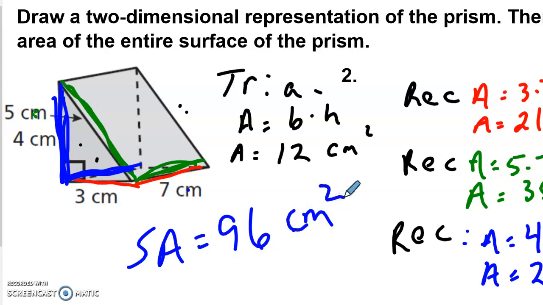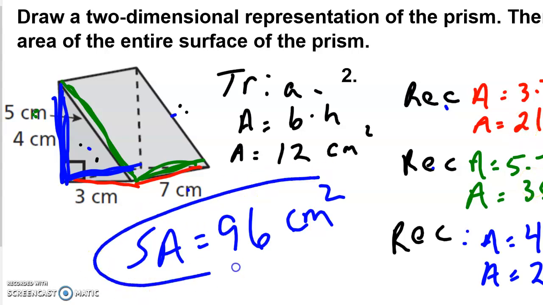Okay, remember, I've got 2 triangles, front and back. And then I have 3 rectangular faces on it. Rectangle, rectangle, rectangle. Find the area of each one of those, and we put it all together. Okay, let's try another one.